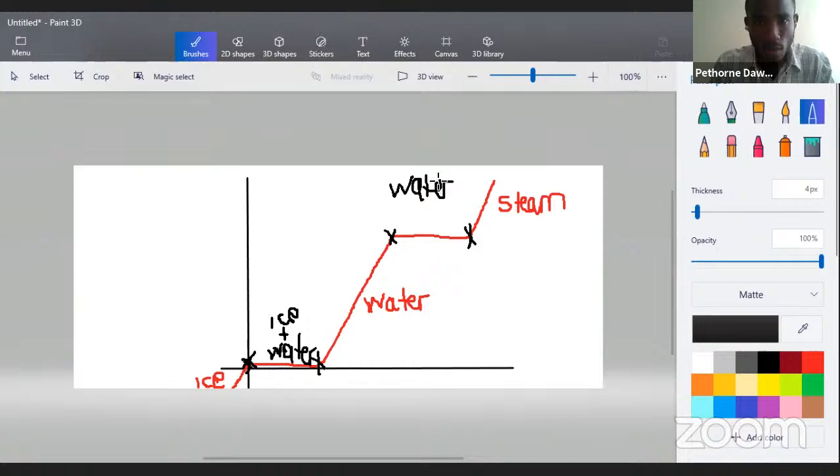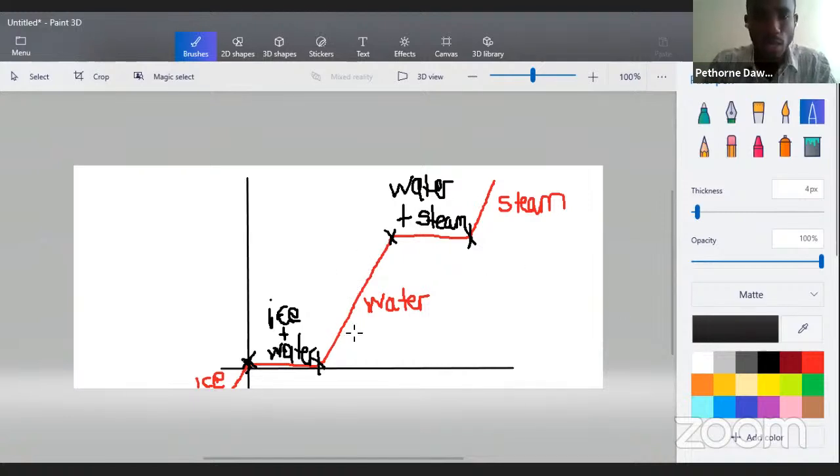All right. So what we have here are the different sections of a typical heating curve. And for the cooling curve, it is just the reverse. Instead of going up, you'd be going down. All right, but this is what you'd have in terms of the water, steam, ice, water, right?